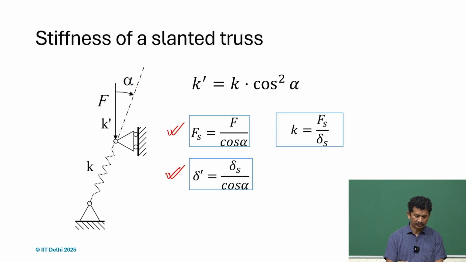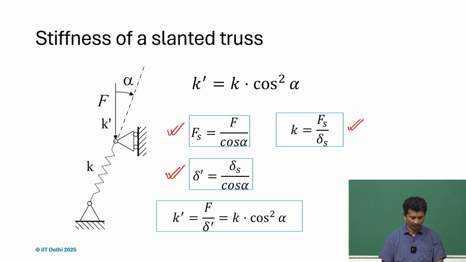We also know that this K, the spring stiffness, is the force experienced by the spring over the deformation in the spring, and when we work out the stiffness in the vertical direction, or in this case in the direction of the force applied, k prime, or k dash, is equal to force over delta prime, delta dash, and this is what we get.